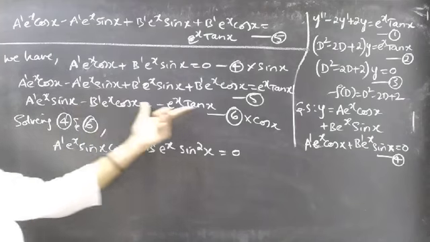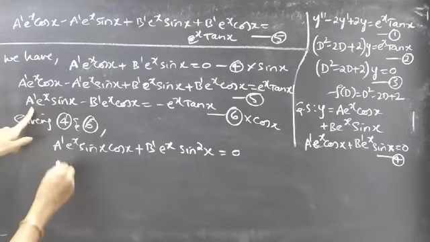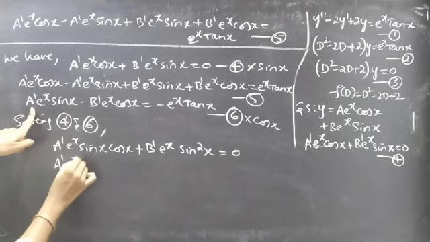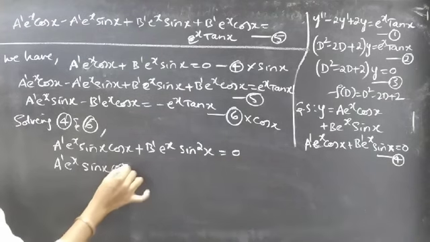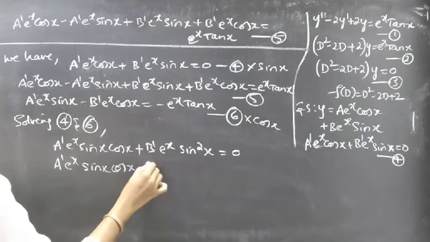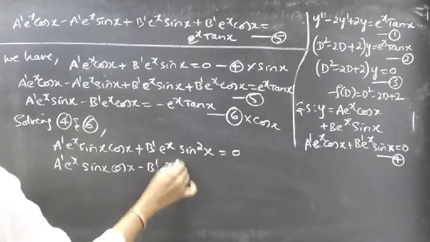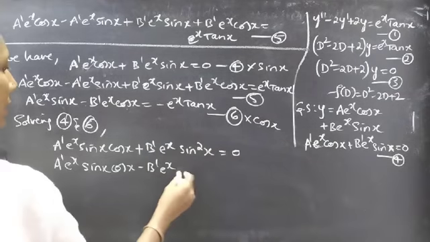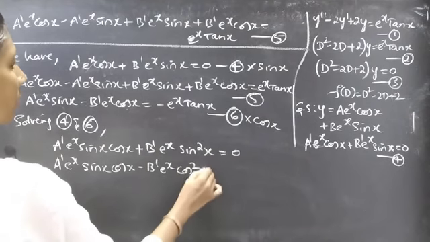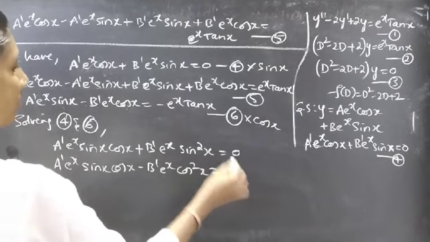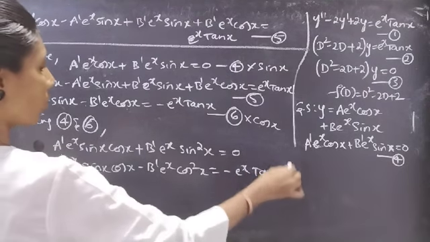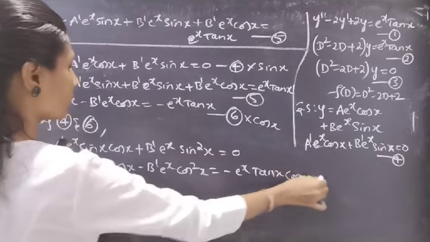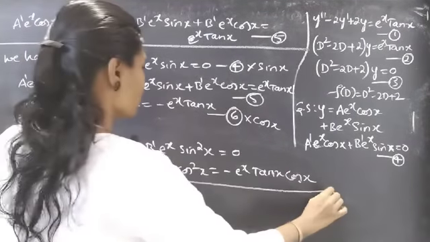Now multiply the other equation by cos x, we'll get a dash e power x sin x into cos x minus b dash e power x cos x into cos x is cos square x equal to minus e power x into tan x into cos x, right?